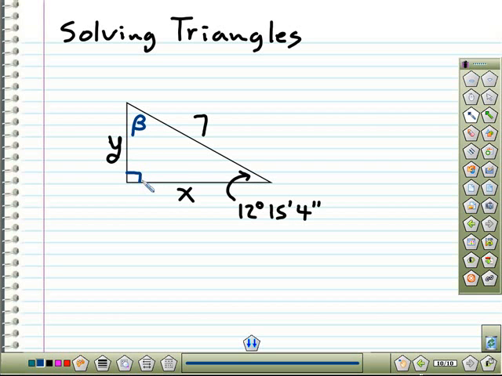What is the simplest, most straightforward thing to find right away? This beta, right? Because we know that these angles have to add up to 90.